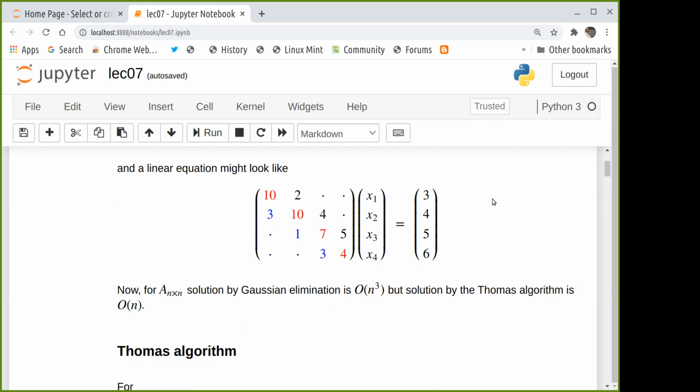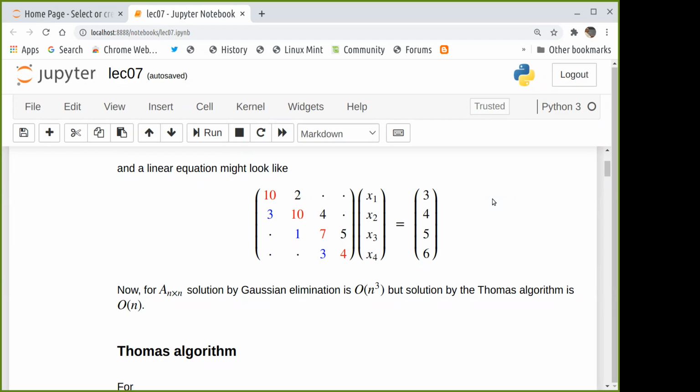Okay, so if you tell Python to do a Gauss-Jordan elimination, to calculate the inverse of this matrix, that will involve something like order of n cubed operations. But if you use the Thomas algorithm for a tridiagonal system, then this will be of order n.